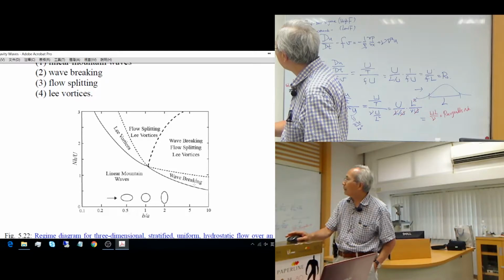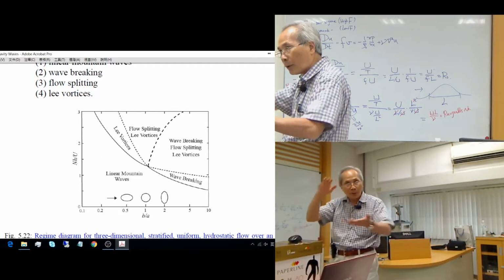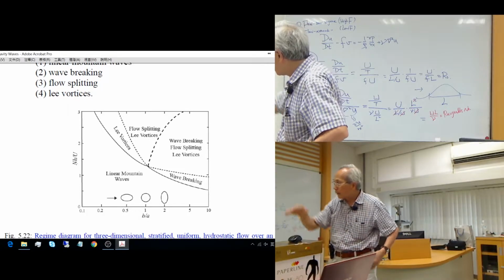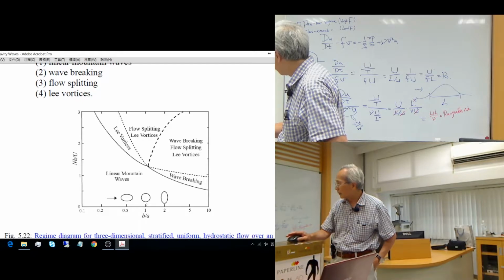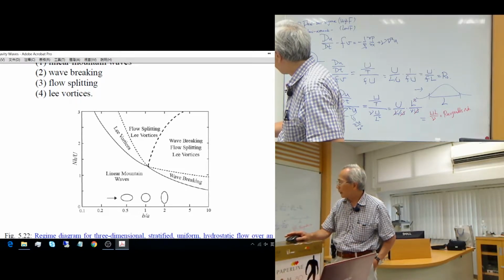Wave breaking. When NH over U is small, like a lower mountain and stronger wind, you get linear mountain waves. With B over A large, you get mountain waves, and then here you get the vortices occurring. Flow splitting, vortices, wave breaking here.